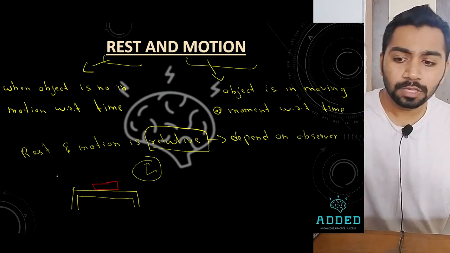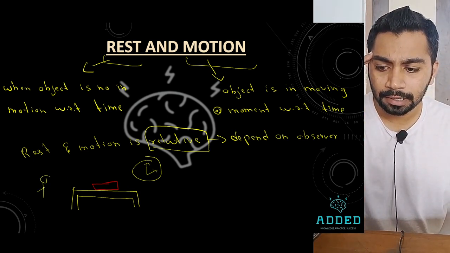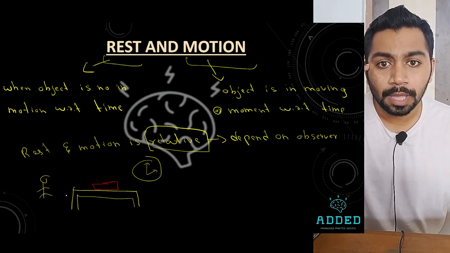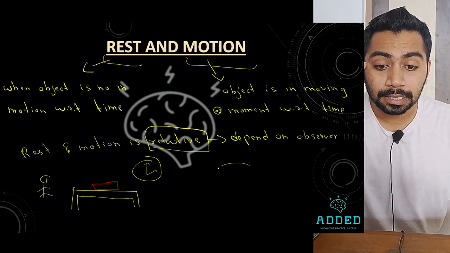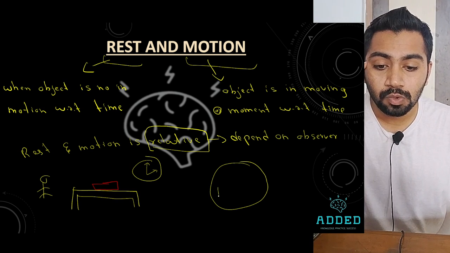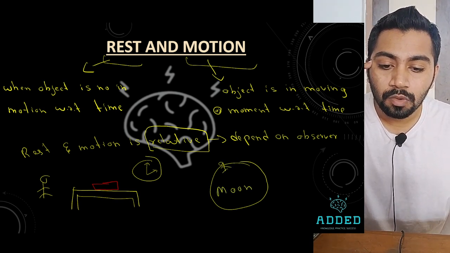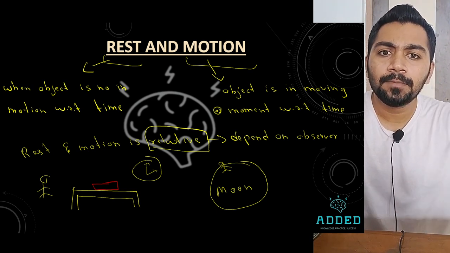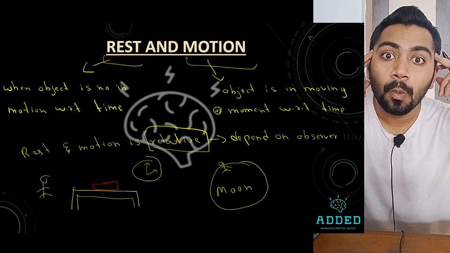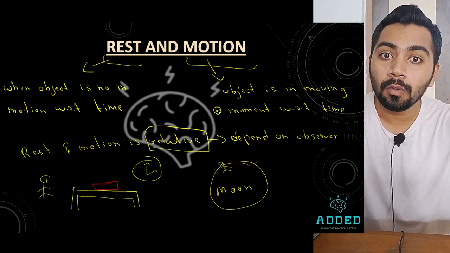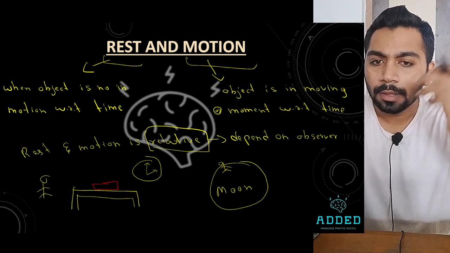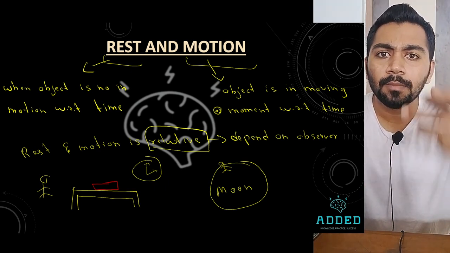If you see it standing here, the book is not changing position. But the person who is sitting on the moon says that this book is moving. How? One observer, you, says the book is not moving. The other observer says the book is moving.